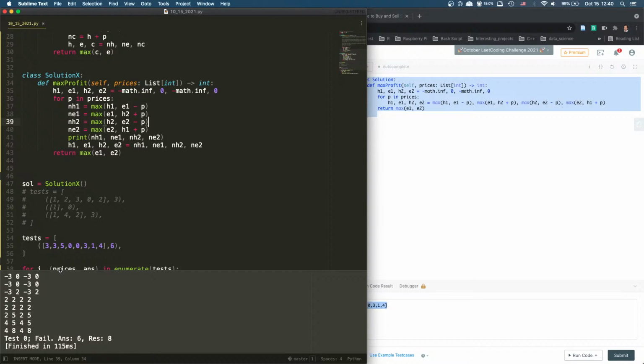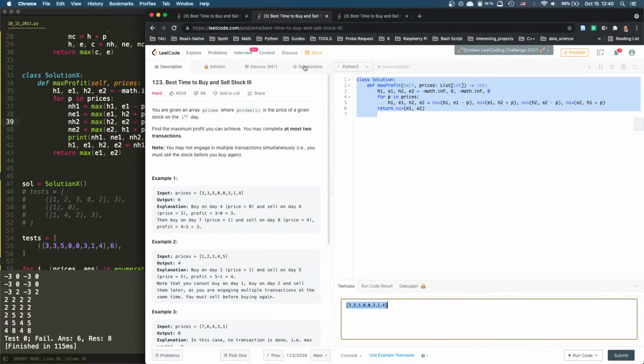Yeah, we have 5. That's the second transaction. Now we're done. And then this should be somewhere, should be like a 3 coming out. I don't know. I forgot. I completely forgot.